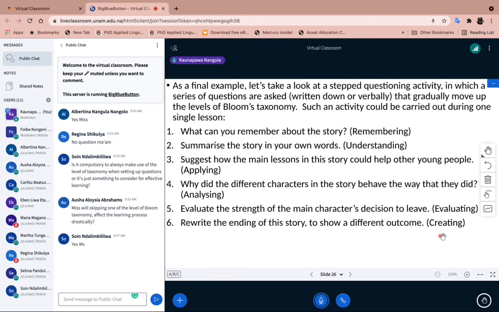Okay. Miss, will skipping one of the Bloom Taxonomy levels affect the learning process drastically? I think we'll talk about that in a little bit. Not necessarily, because it always depends on where the students are in terms of their cognitive development.